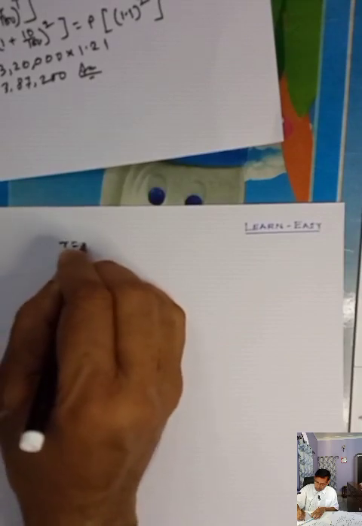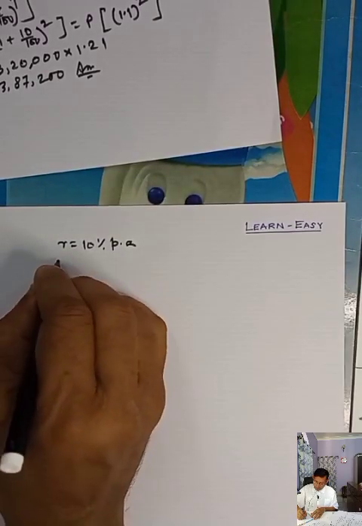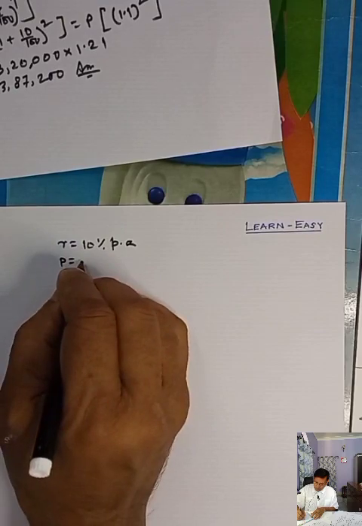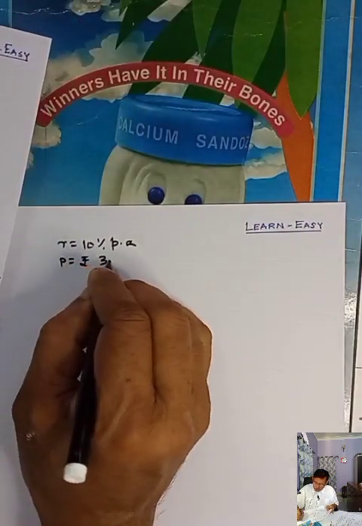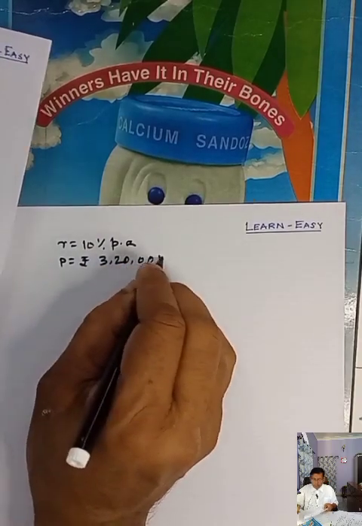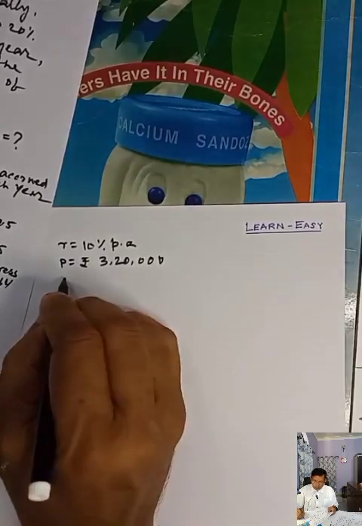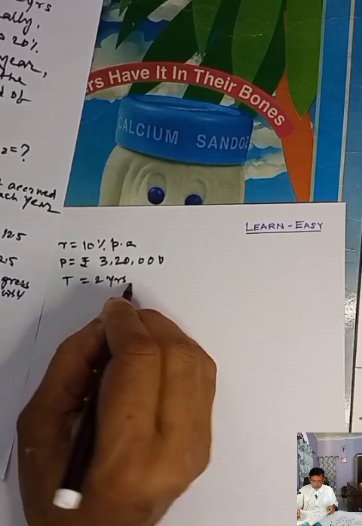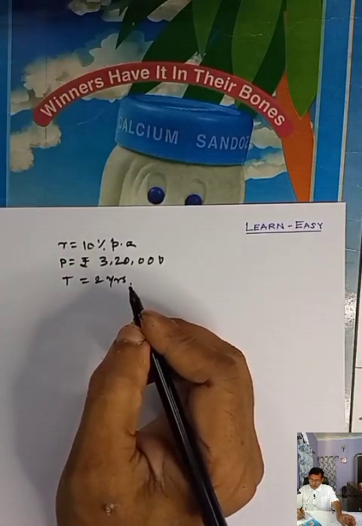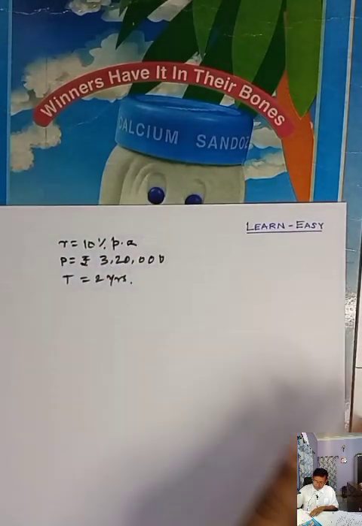R is 10% per annum, and principal is rupees 3,20,000. T is equal to 2 years. Here directly I am taking R as 10% after deducting TDS.